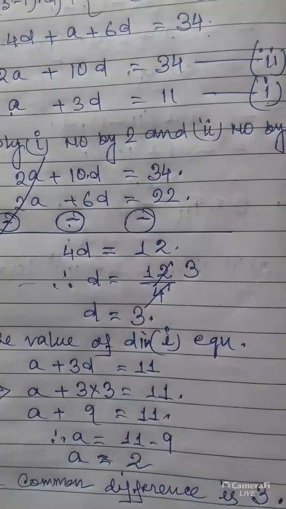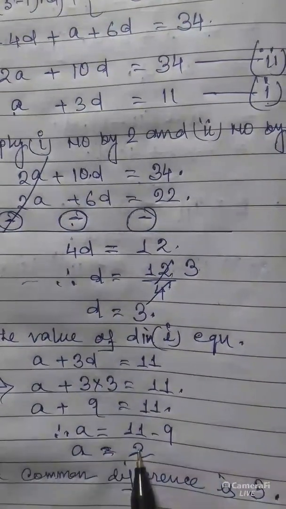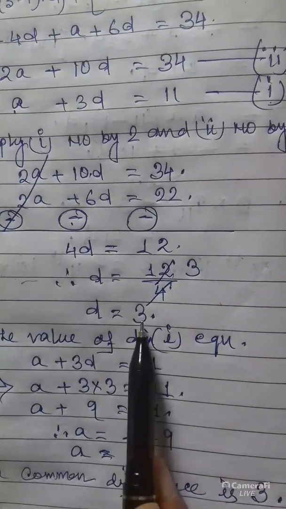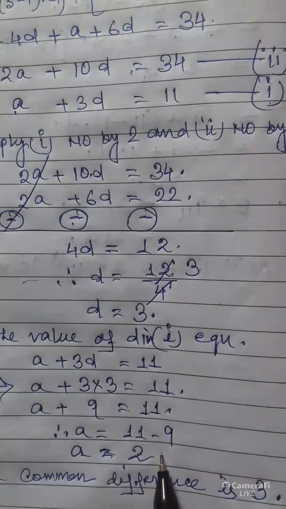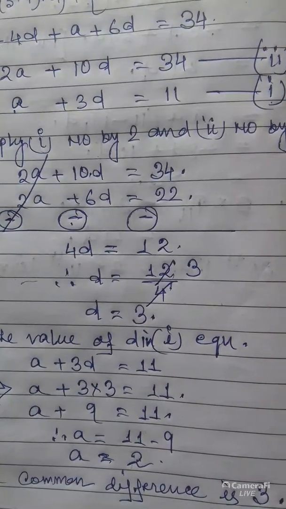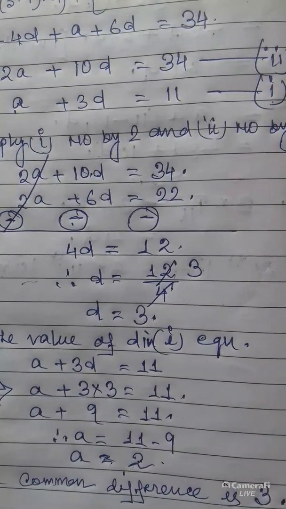If we want to find the AP, then the first term A is 2, the common difference is 3, so the second term is 5, after that 8. This is the arithmetic progression.